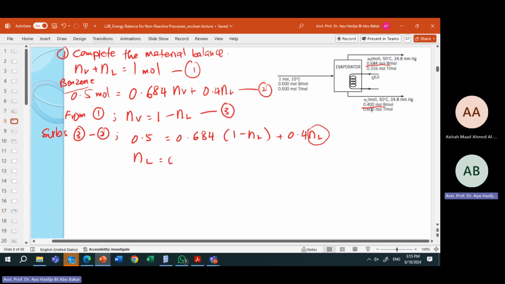So you should be getting 0.648 mole for NL. Then from there, using equation 3 just now, you can calculate the NV.